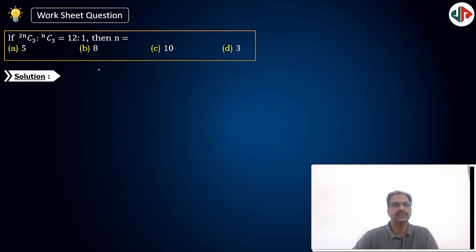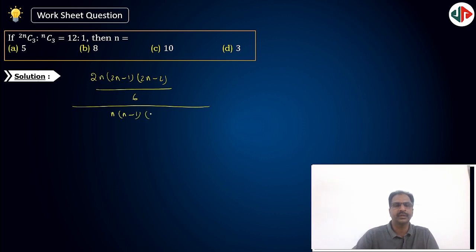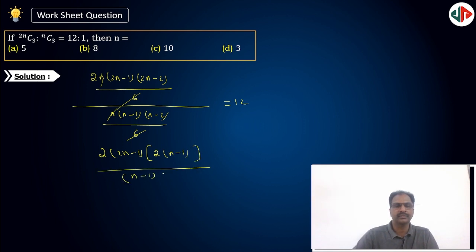2nC3 is to nC3 is equal to 12 is to 1. Then what is 2nC3? 2n into 2n minus 1 into 2n minus 2 by 3 factorial, divided by nC3, which is n into n minus 1 into n minus 2 by 3 factorial, which is given as 12. 6 gets cancelled, n gets cancelled. So 2 into 2n minus 1, here I can take 2 common, then I get n minus 1 by n minus 1 into n minus 2 is equal to 12.